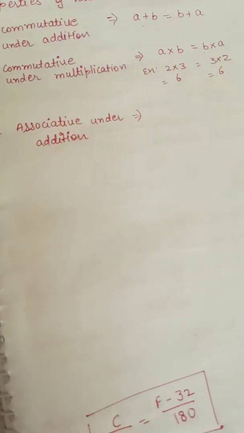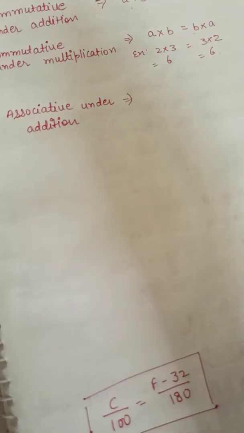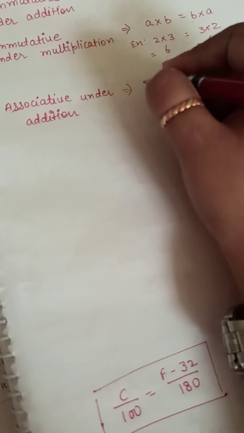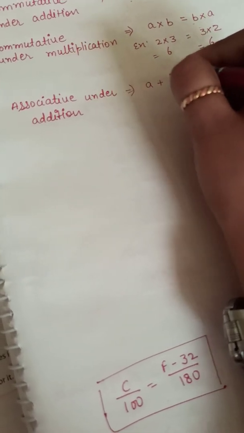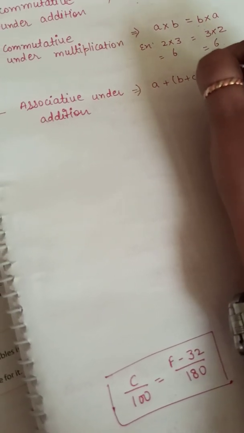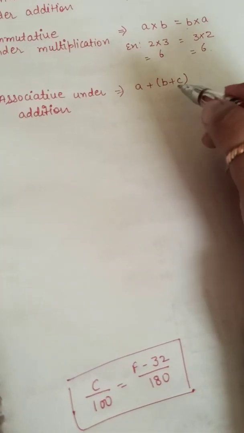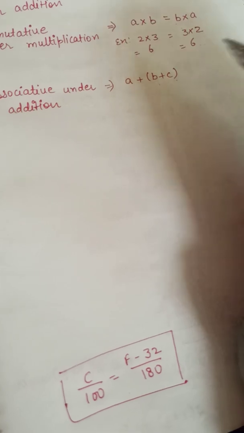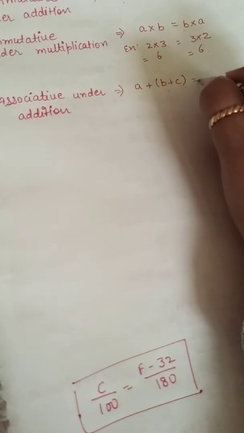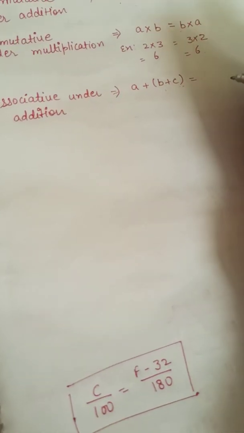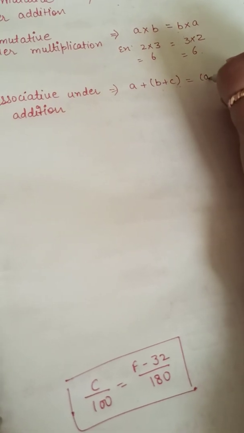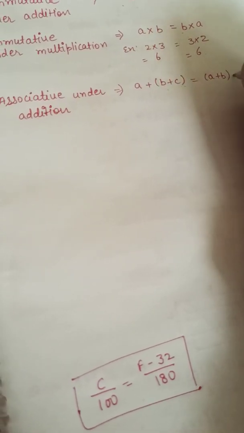Now associative will go with the 3 ones, three identities. See, A plus B plus C. If you use the bracket and firstly add the last two numbers, then the sum is equal to when you use the bracket and add the first two numbers.